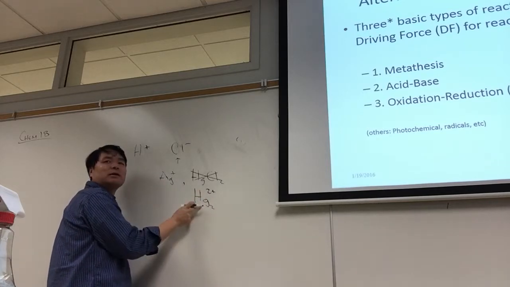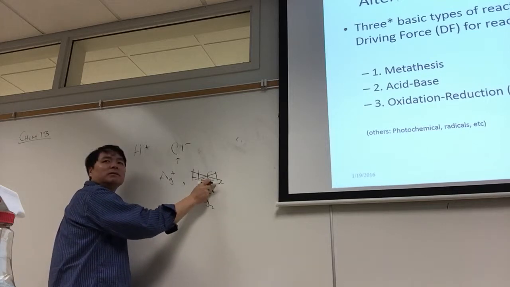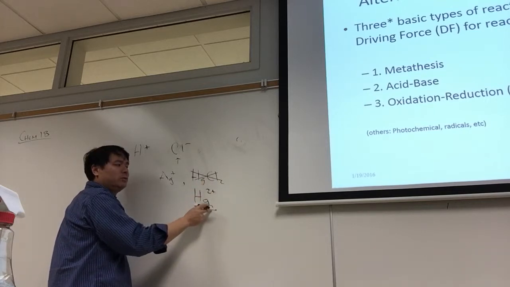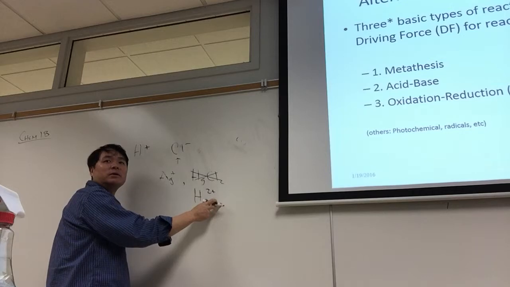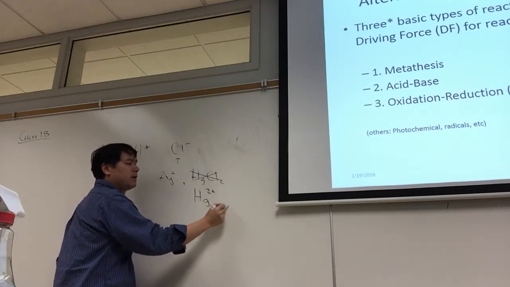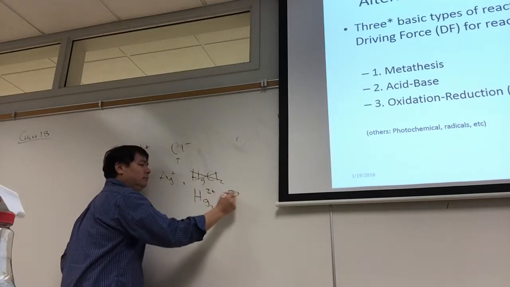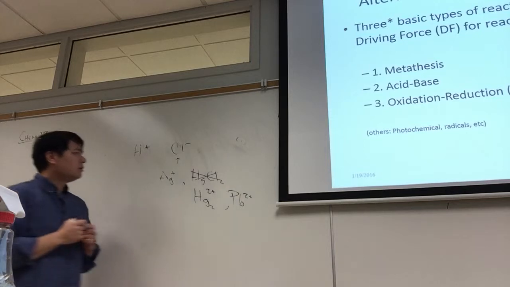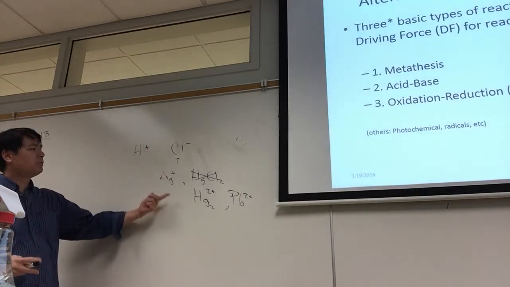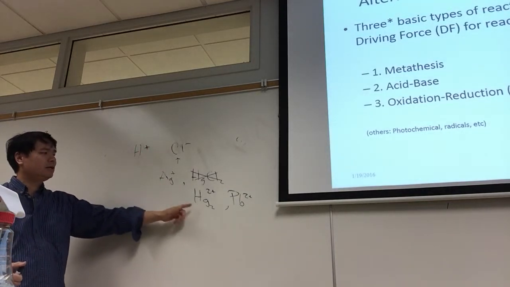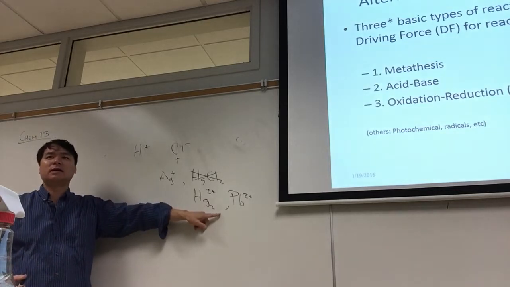HgCl2 is soluble. Hg2Cl2 is insoluble. It forms a precipitate. And one more. Not iron. Lead. And so HCl will precipitate out with silver ion-containing solutions, mercury(I) and lead(II).